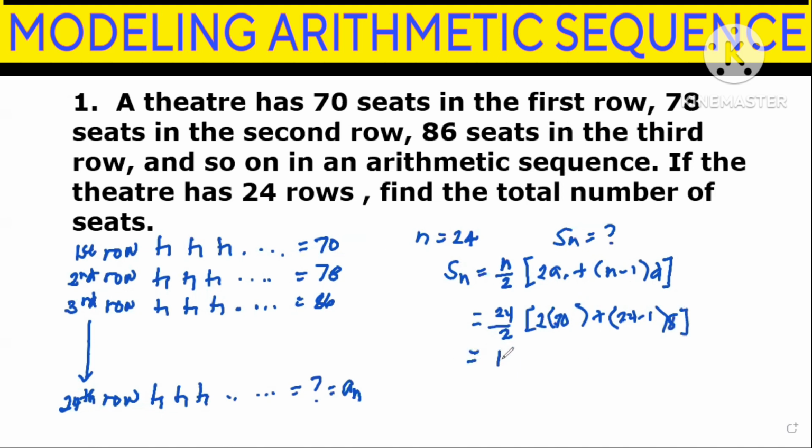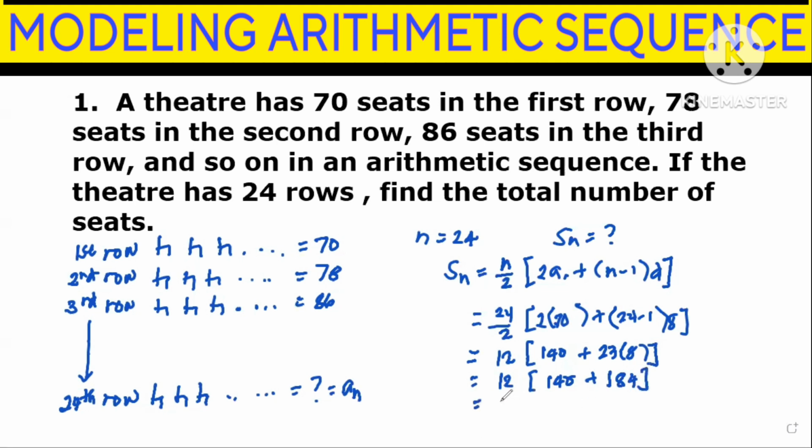24 over 2 is 12. 2 times 70 is 140, plus 23 times 8. So, this is now equal to 12 times the quantity 140 plus 23 times 8, which is 184.